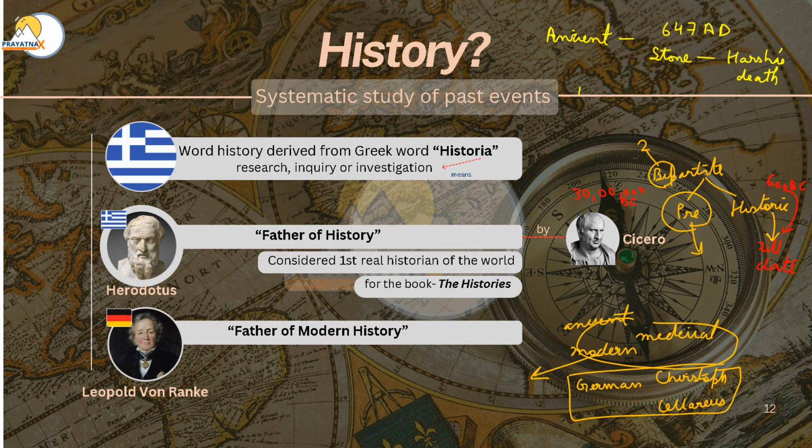Now, for medieval, it basically is from 647 to 1757, which is from Harsha's death to the Battle of Plassey.